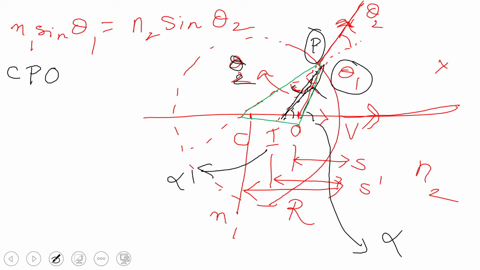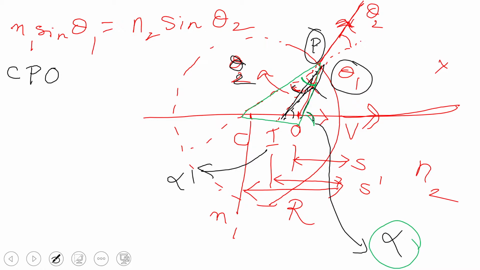Okay, and the angle that is external to O is what we called alpha, and this angle here between CP and PO, right? PO is the line along which the ray is incident on the spherical surface, so that angle is theta 1, right?